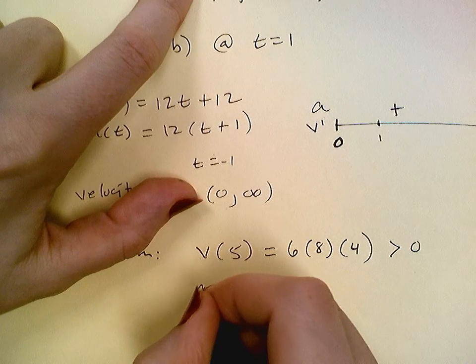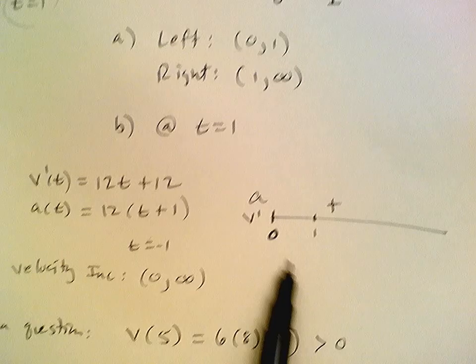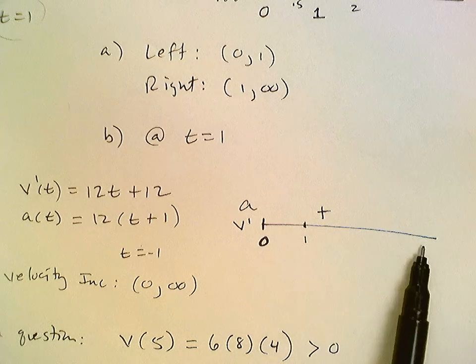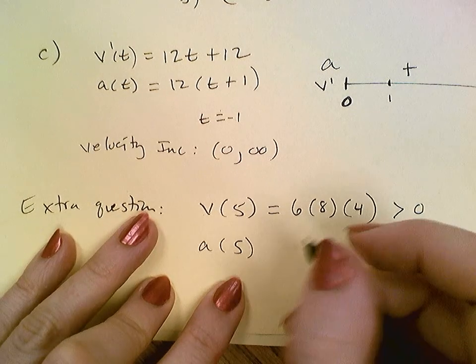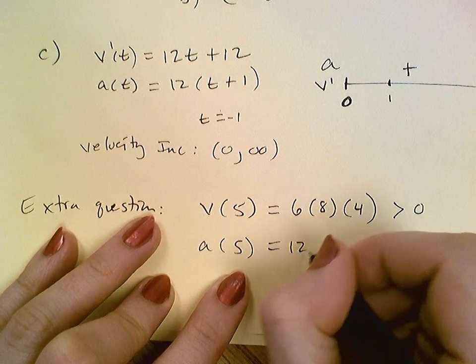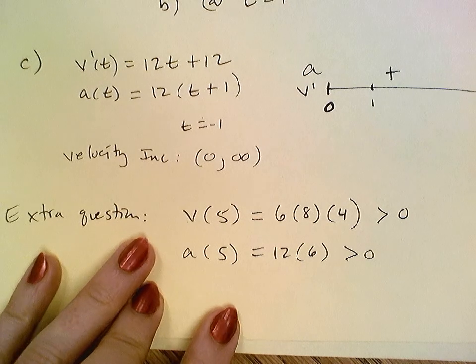And then the acceleration at 5, we know here that this acceleration is always positive, but I guess I'll find it. So this would be 12 times 6. I'm just plugging into here, which is also greater than 0.